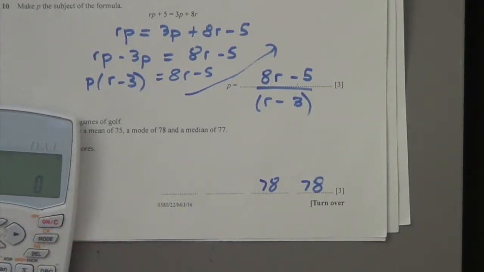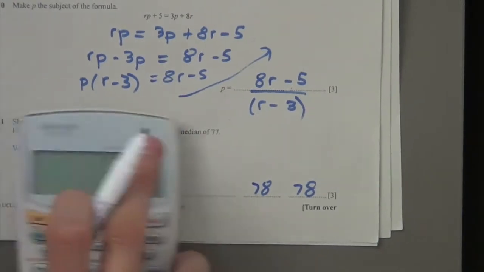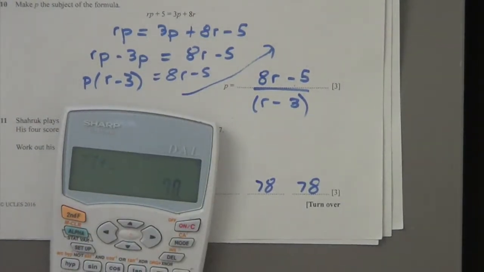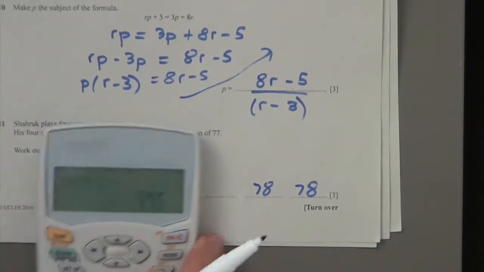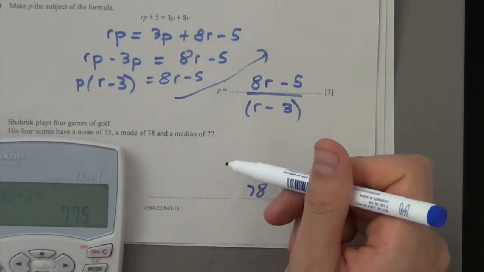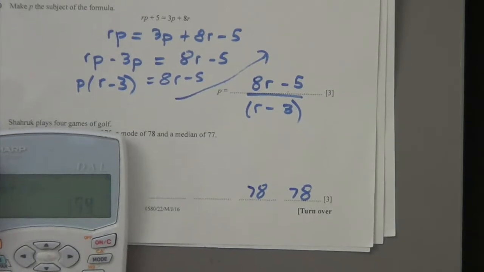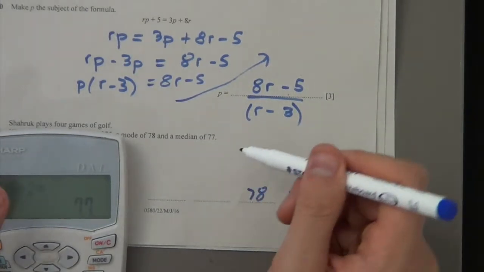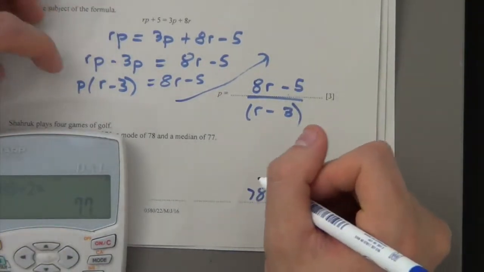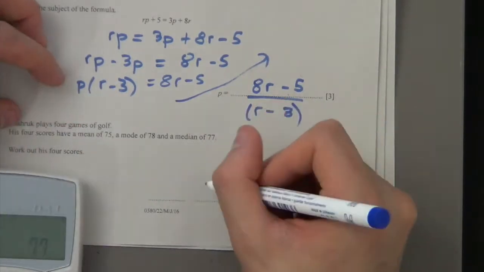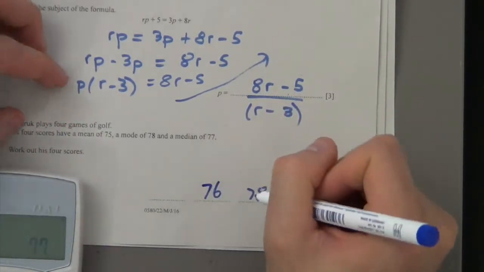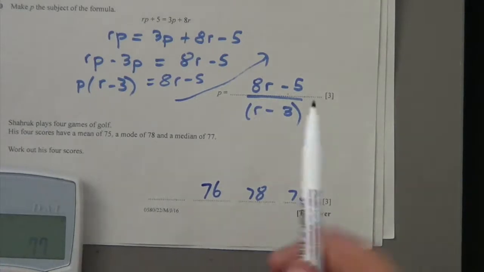So if I do 77 plus 78 divided by 2, I get 77.5. I need 77. So let me try 76. 76 plus 78 divided by 2 gives me 77. Aha, so that makes sense. So one of my answers could be 76. So I'm going to put 76 here. That makes sense now.